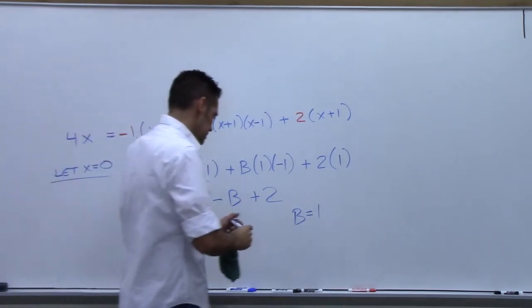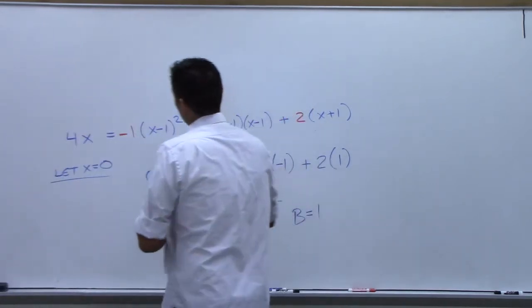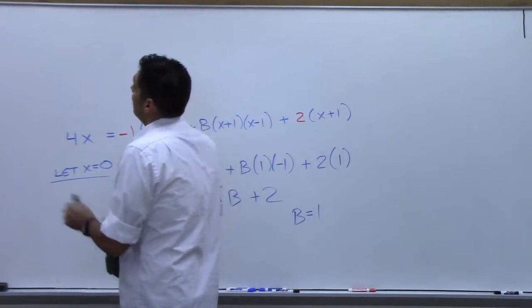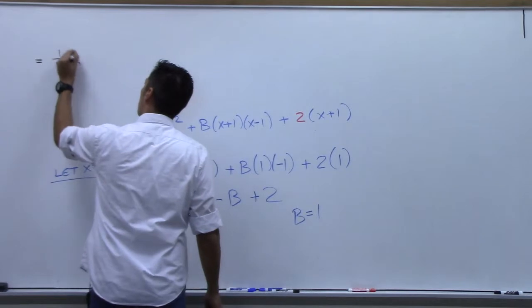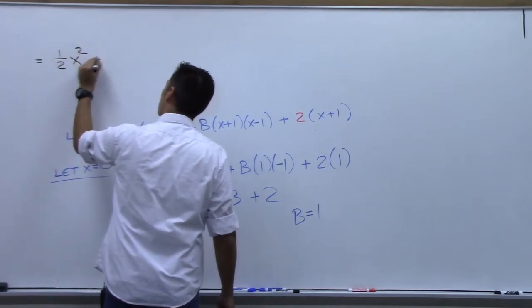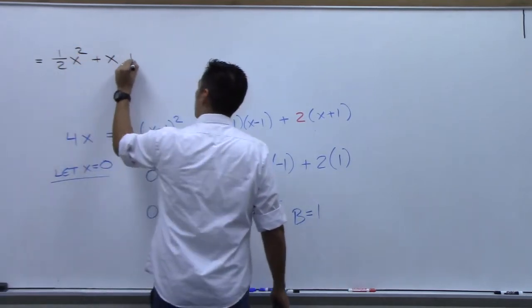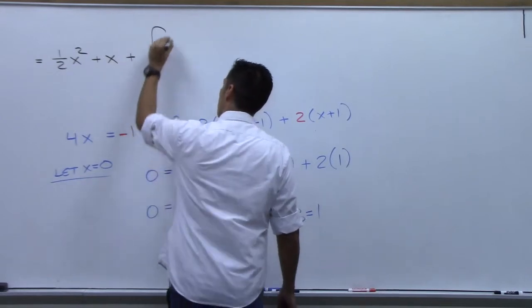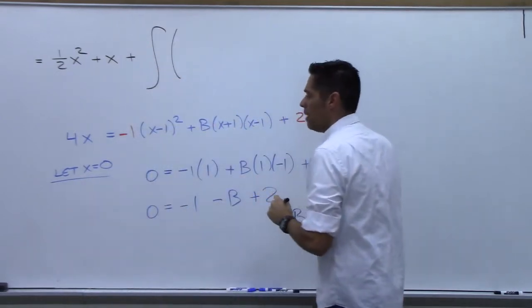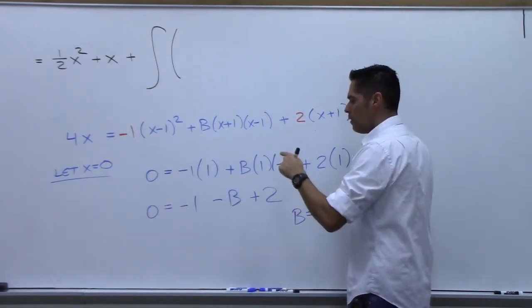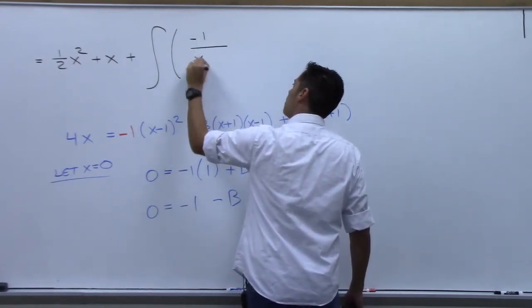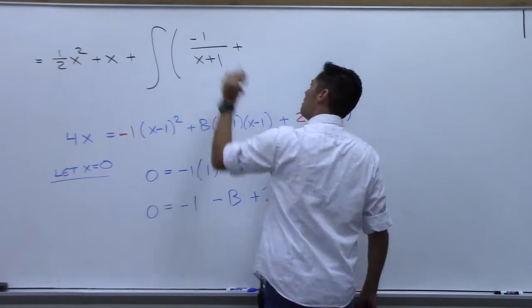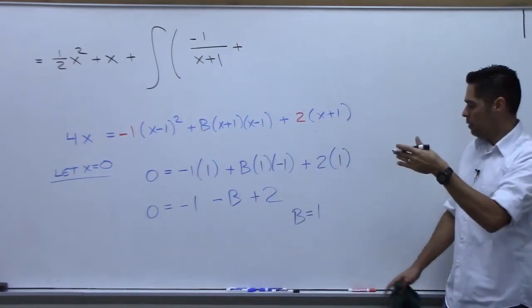We had, if I remember correctly, 1/2 x squared plus x, plus the integral, and then we just broke that integral up into a over x plus 1, where a was -1, plus b over x minus 1, and b was 1, right?